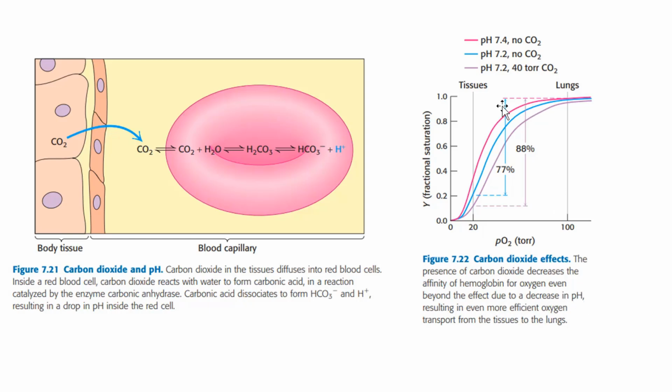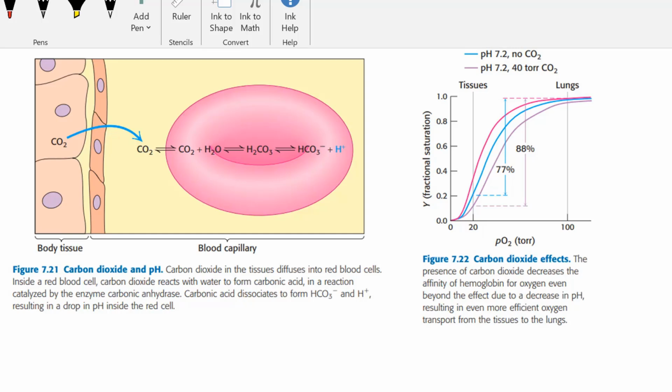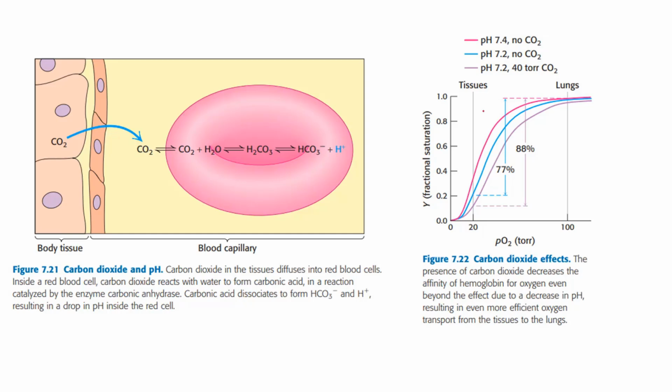The pink line represents no CO2 concentration, and the blue line is 7.2 pH with no CO2, whereas the purple line indicates 7.2 pH and 40 torr CO2, that is, CO2 concentration is increasing. As you can see, the curve has shifted towards the right in the presence of more CO2.